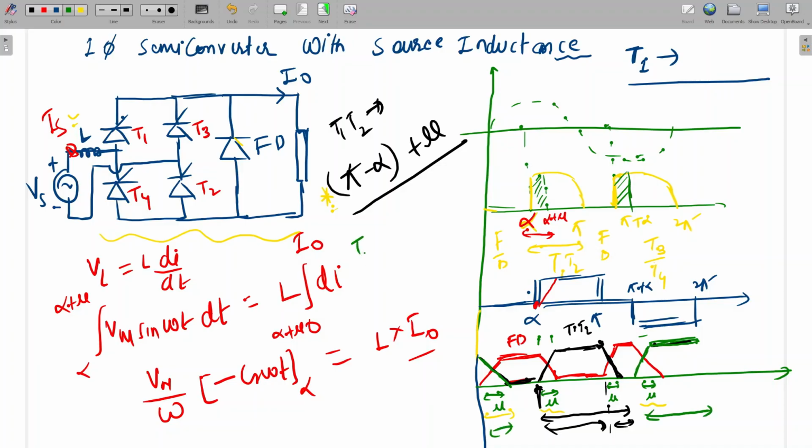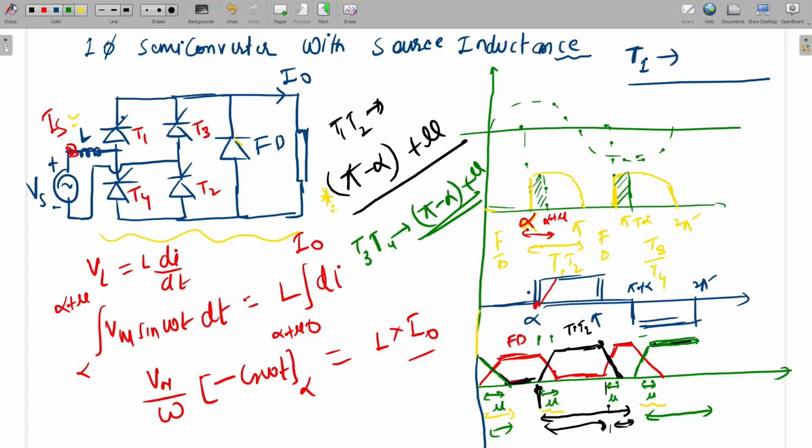So T3 T4 also will be pi minus alpha plus mu. Is it clear? Yes, sir, clear, sir.